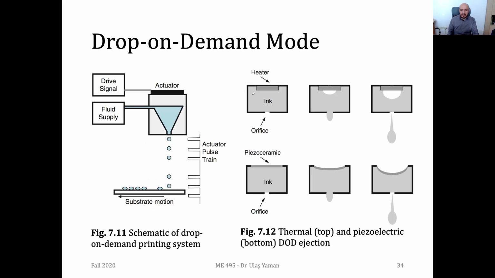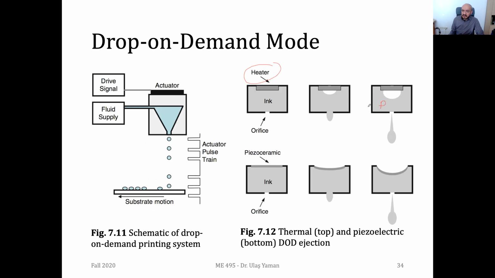As you see, in this configuration, they are using a thermal actuator. So we have a kind of material here. Once you increase its temperature, it will expand, its size will increase, and you will have some pressure develop inside.